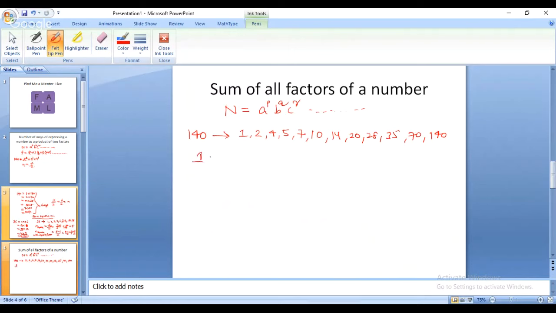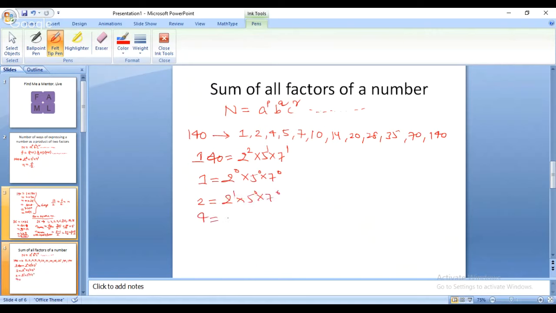Let's write the number 140 as a product of prime factors: 2 to the power 2, into 5, into 7. If we take 1, we get 2 to the power 0, 5 to the power 0, and 7 to the power 0. If we put 2, it is 2 to the power 1, 5 to the power 0, 7 to the power 0.